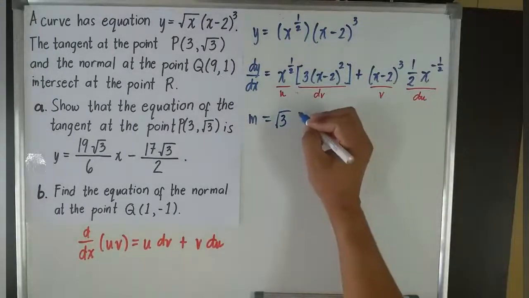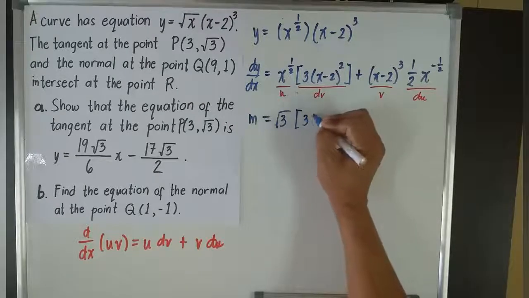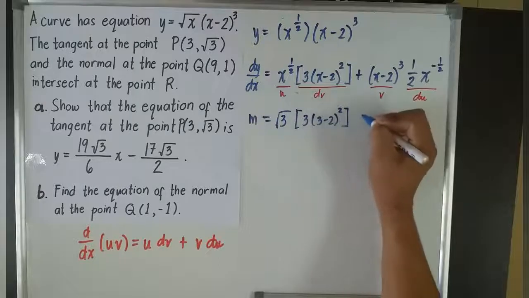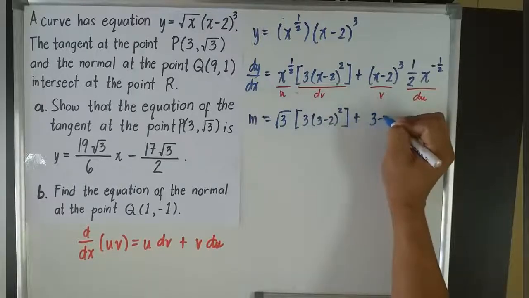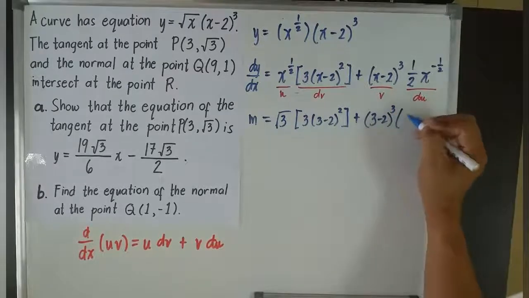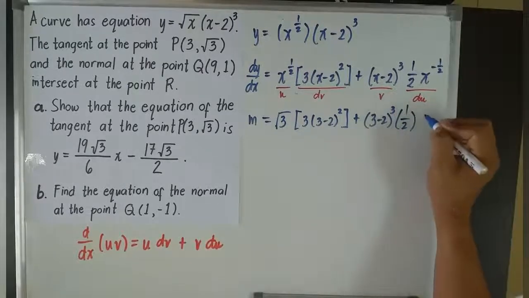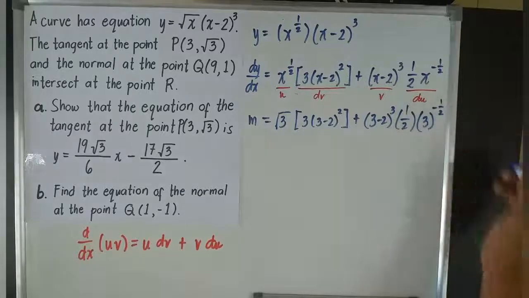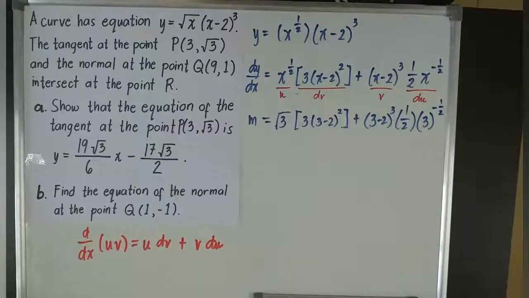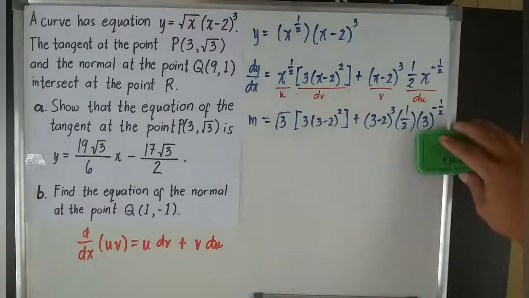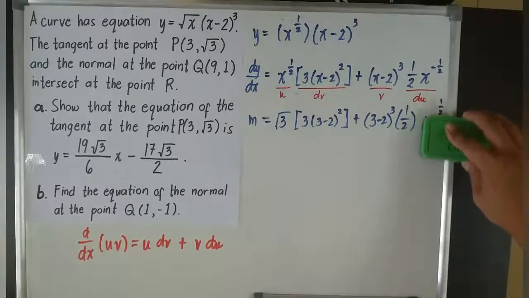Next, times 3 times 3 minus 2 to the power of 2 plus 3 minus 2 to the power of 3 times 1/2 times 3 to the power of negative 1/2. This one can be brought to the denominator.